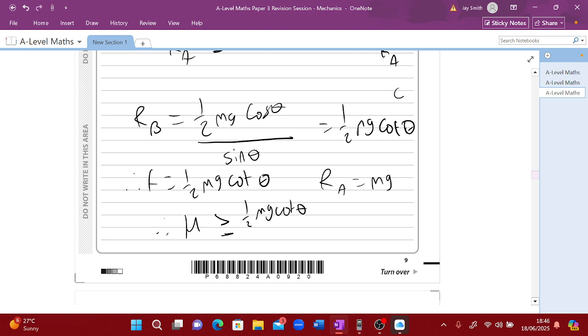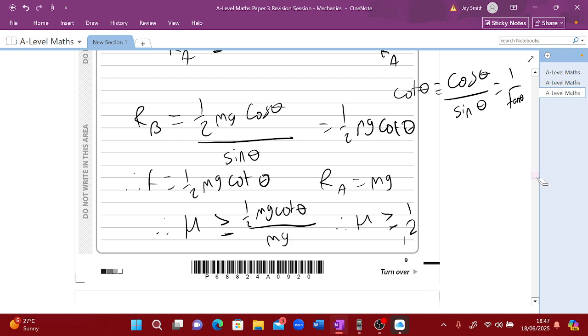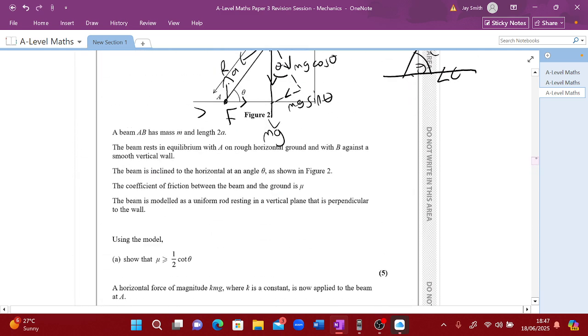Remember, pure is not over; they can ask any part of pure in mechanics or stats, so you need to remember the trig identities. Cot theta is cos theta over sine theta, which is also 1 over tan theta. That's where I got that from, just to clarify. So that's a half mg cot theta over RA, which is mg. The mg's cancel, leaving mu greater than or equal to a half cot theta. Is that what they wanted? Yes, it is. Lovely.